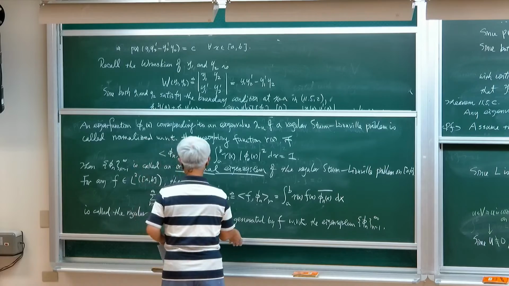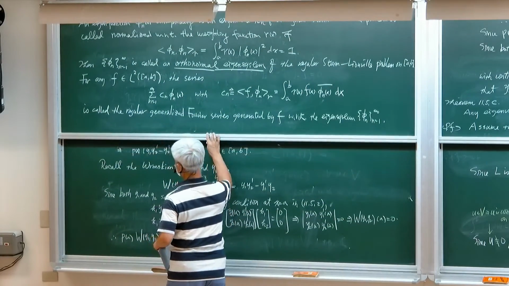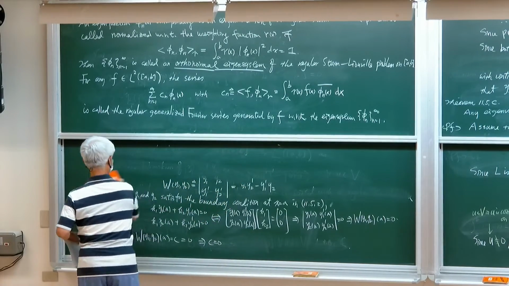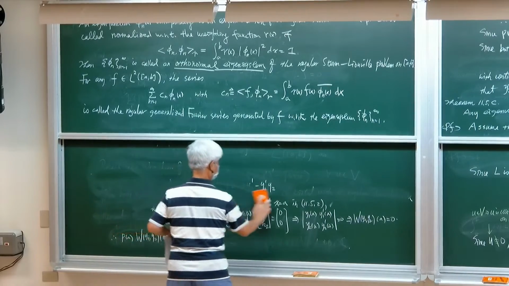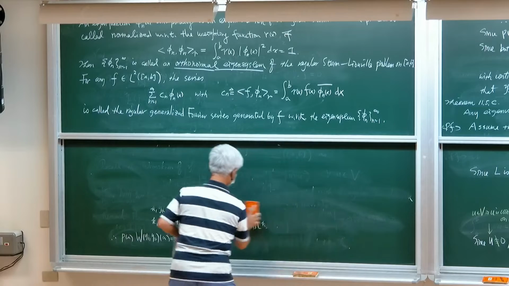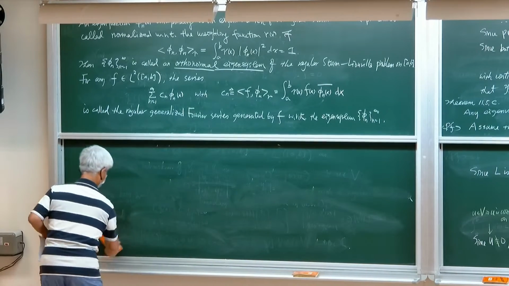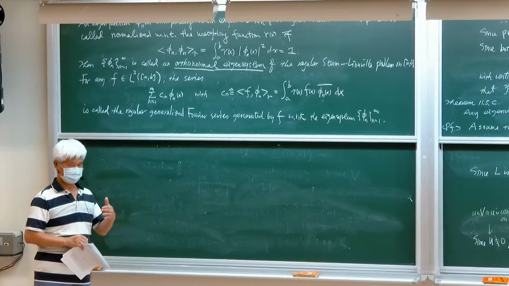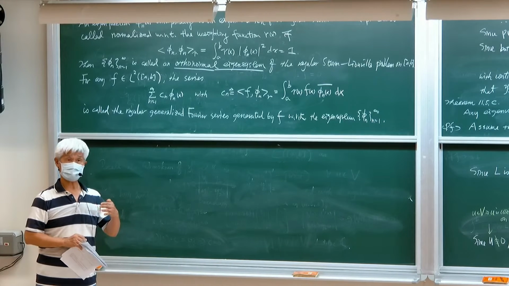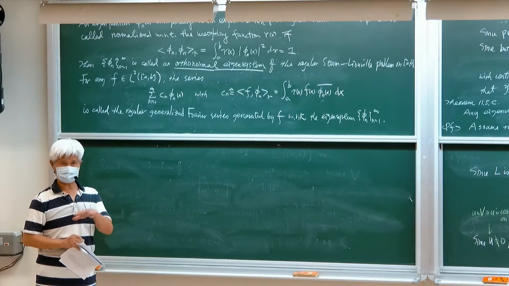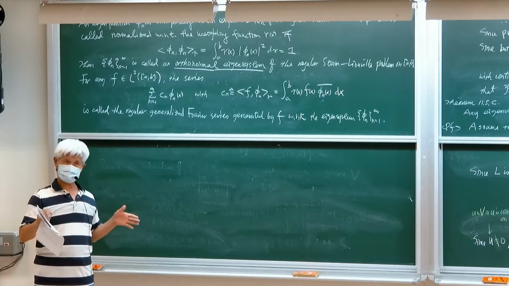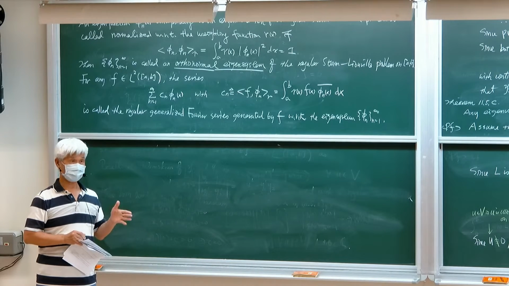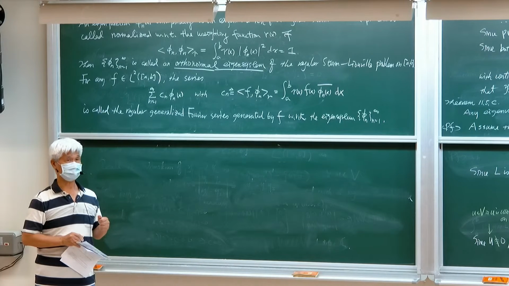As with the Fourier cosine series and the Fourier sine series we discussed before, the collection of all sine functions, sine nx for n from 1 to infinity, is actually an orthogonal eigensystem of a regular Sturm-Liouville problem in example 1.